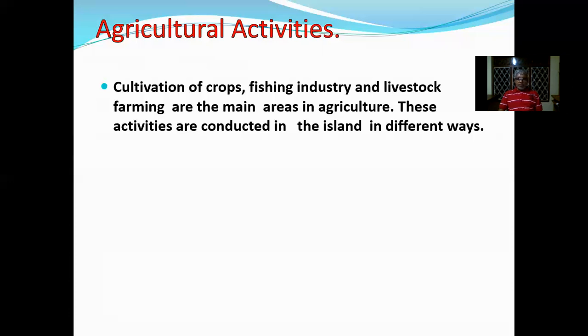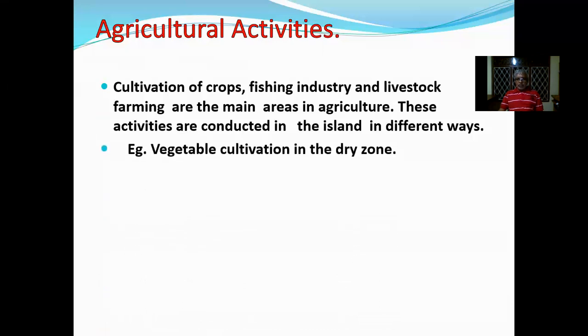Therefore, people engage in these kinds of agricultural activities to earn money or to earn their living. Therefore, it can be introduced as an agricultural activity, or in other words, an economic activity. Then examples are given. You read them.